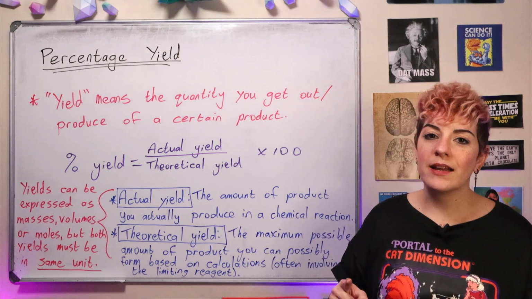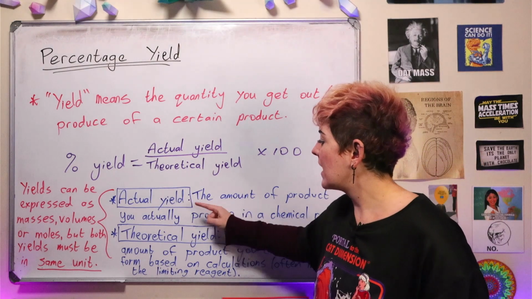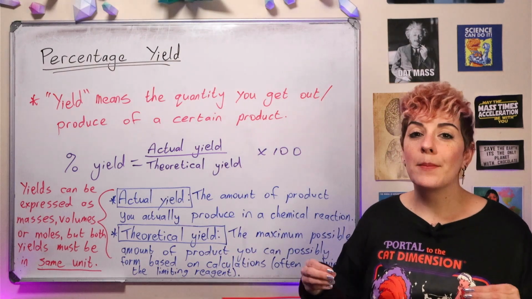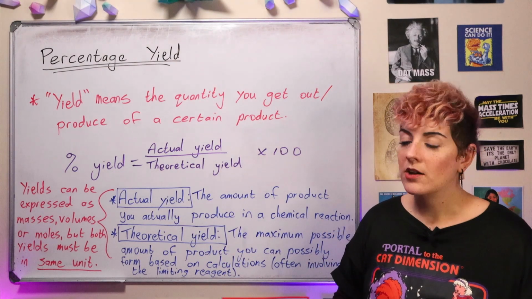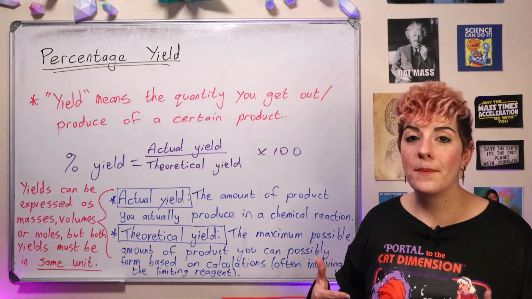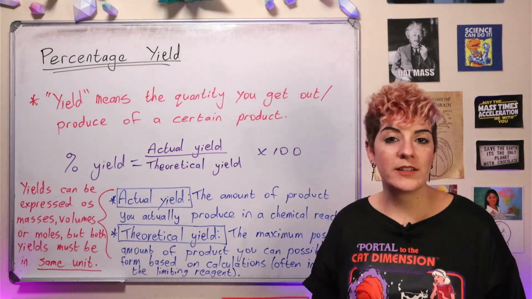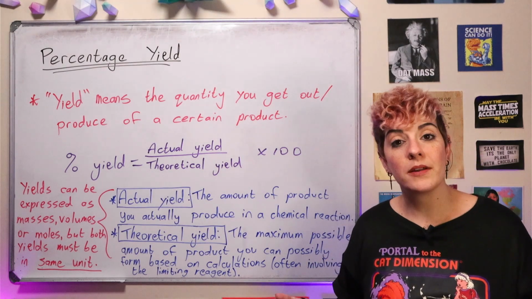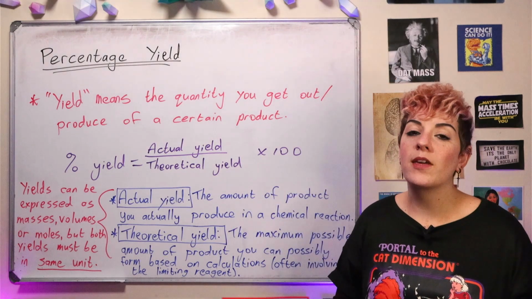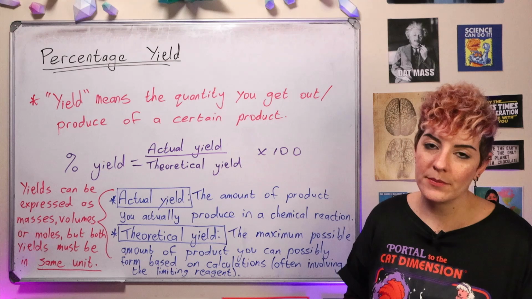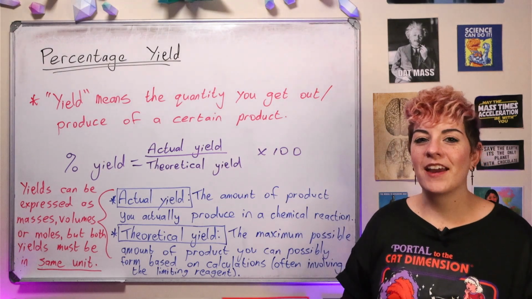The only rule is that your actual yield and your theoretical yield must have the exact same unit. So if you are using a mass, which is most common in questions, then they must both be in grams or both be in kilograms. Okay, let's take a look at our example.